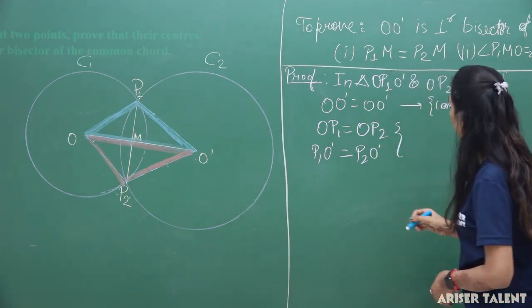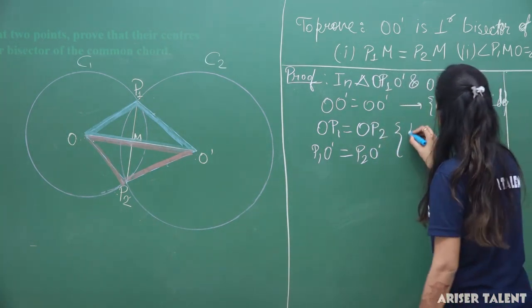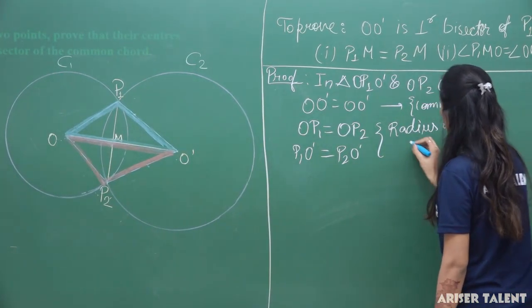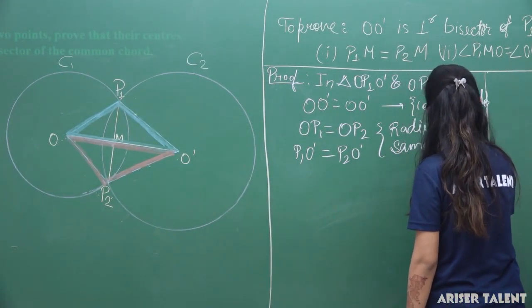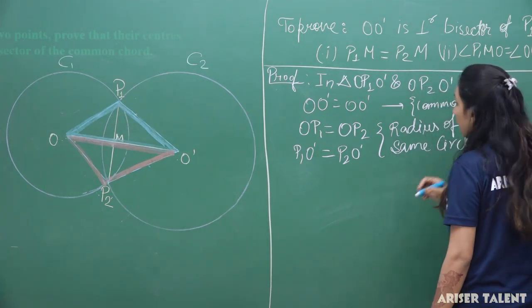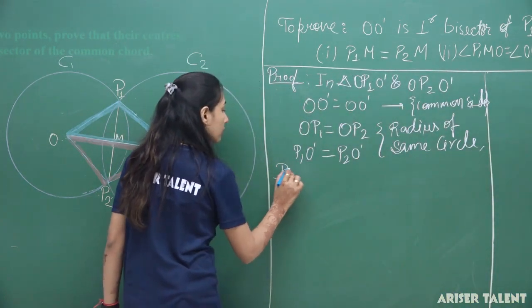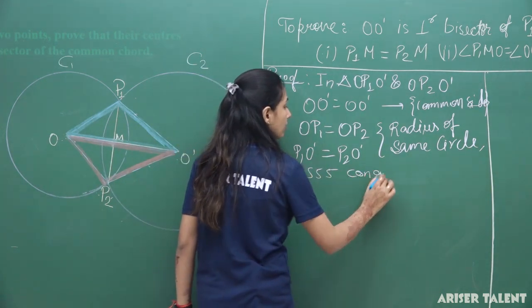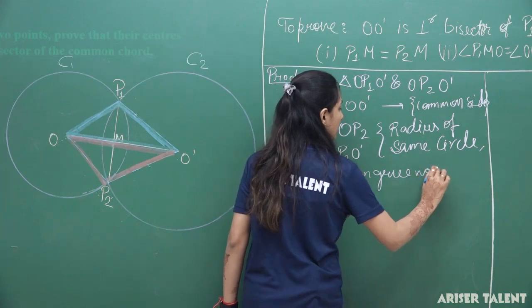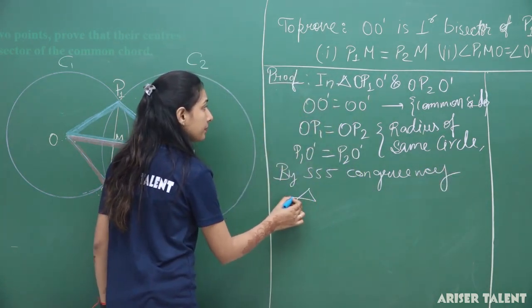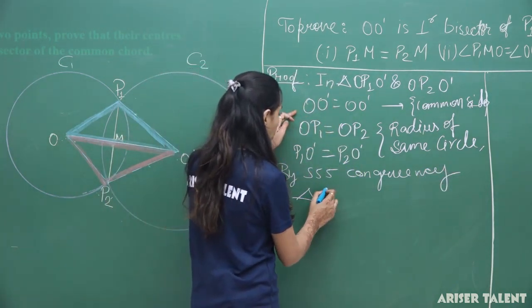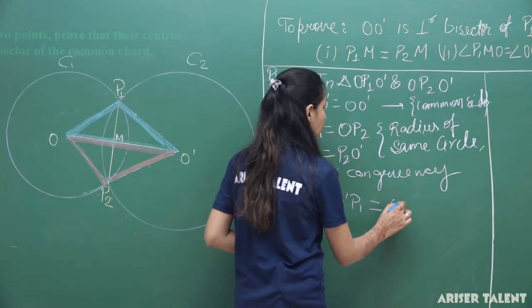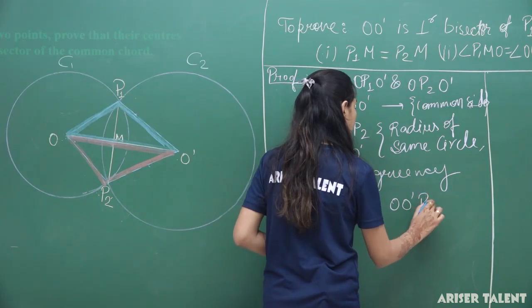Why? Because they are radii of the same circle. So, by SSS congruency, triangle OO'P1 is congruent to triangle OO'P2.